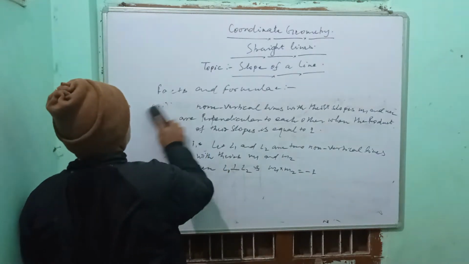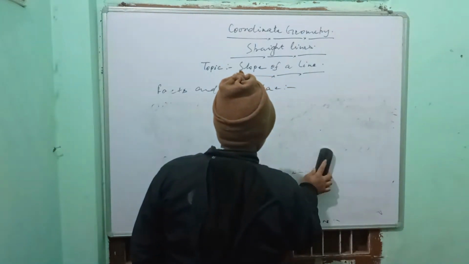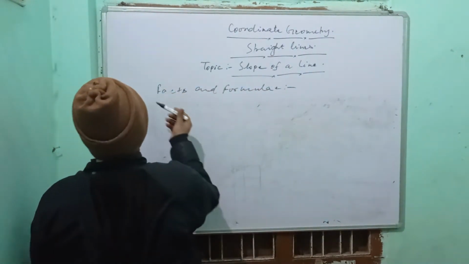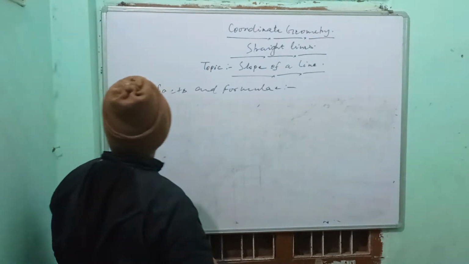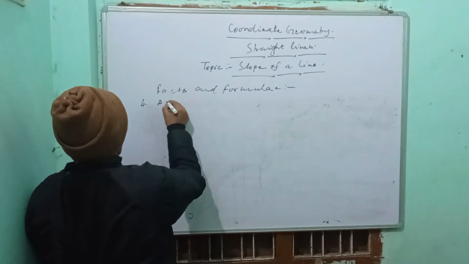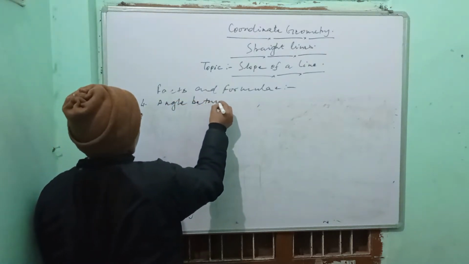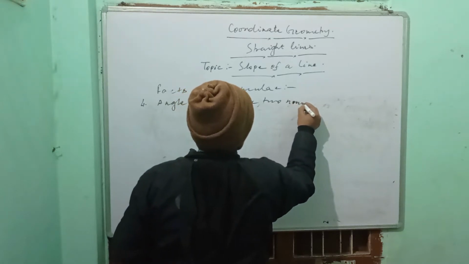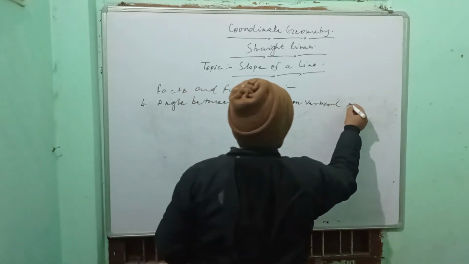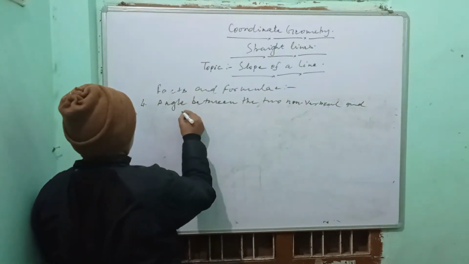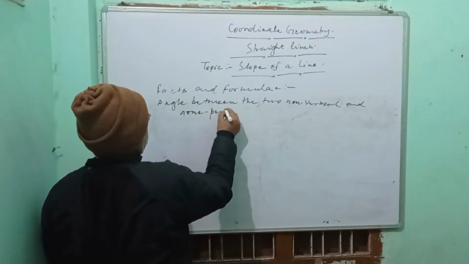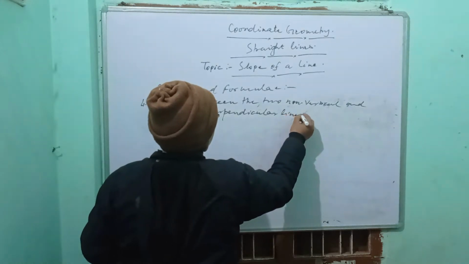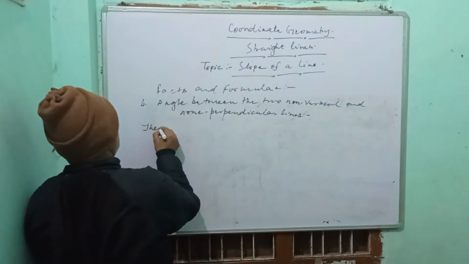Now, the next topic is angle between the two non-vertical and non-perpendicular lines. Theorem 4.